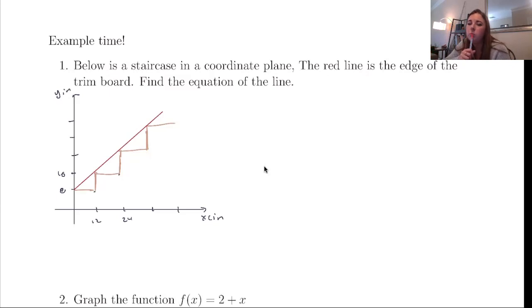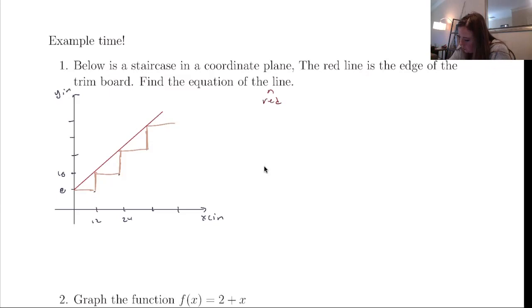It doesn't pass the vertical line test, right? I have these straight up and down bits. So that's why we're not modeling the stairs here, because it's not even a function. Great job, guys. So we're asked to find the equation of the line, the red line.